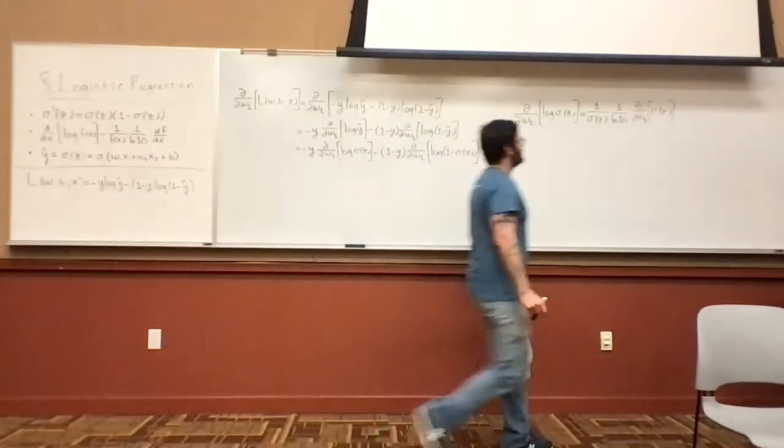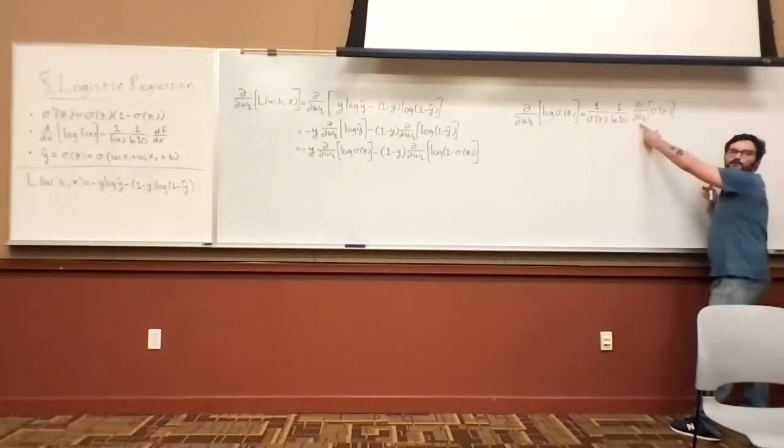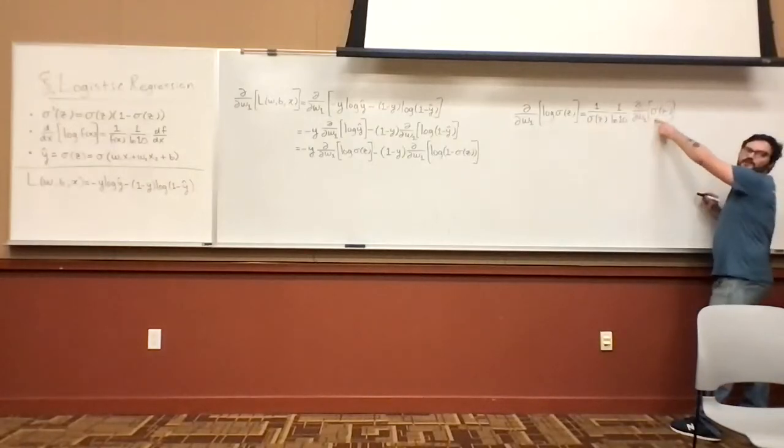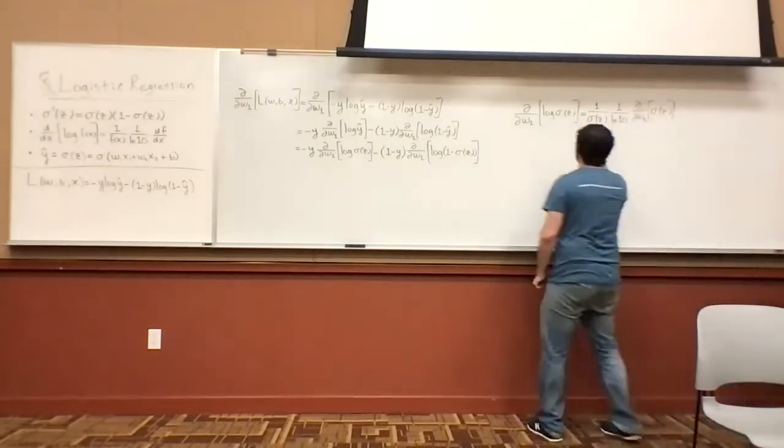But now z is a function of w1, right? So we have to apply the chain rule: the derivative of the outside times the derivative of the inside. So what do we get?